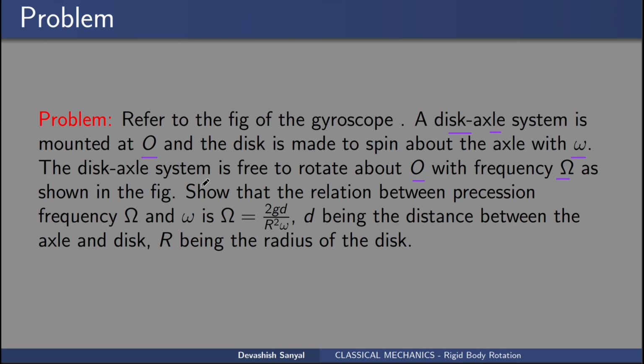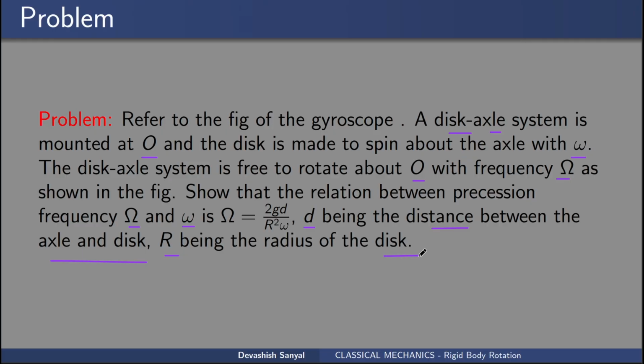Show that the relation between the precession frequency capital omega and this omega is equal to 2gd divided by r square omega, where d is the distance between the axle and disc and r is the radius of the disc.